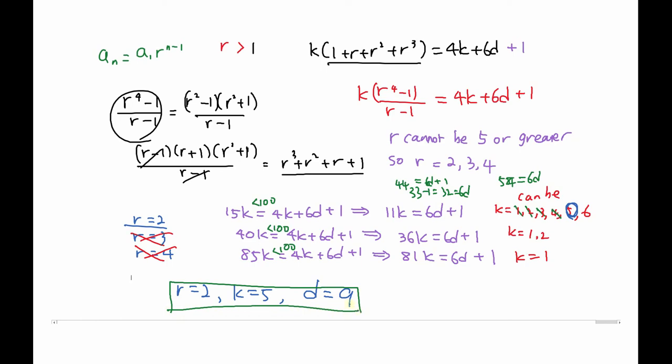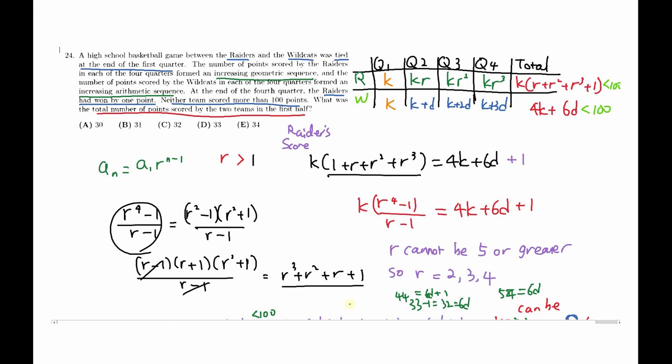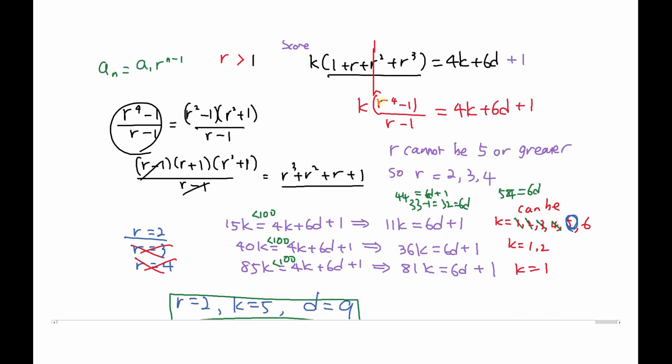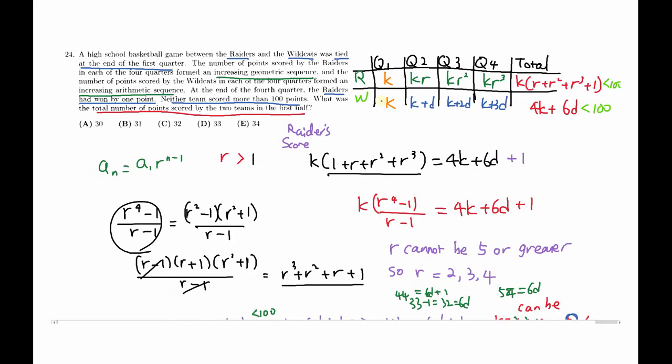Now let's go back to our question, because all I performed was to fill out our chart in the scoreboard. Now that we identified each variable, let's read the question. The total number of points scored by the two teams in the first half. I can box it now.